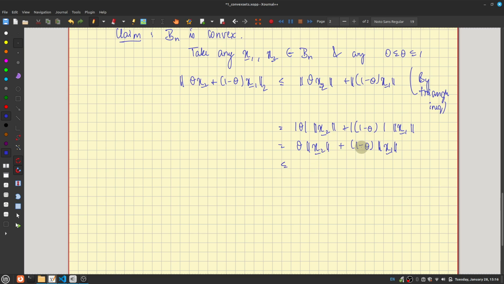But we know that both x2 and x1 lie within the ball. So what can you say about the norm of x2? It's at most 1. Similarly, the norm of x1 is also less than or equal to 1.